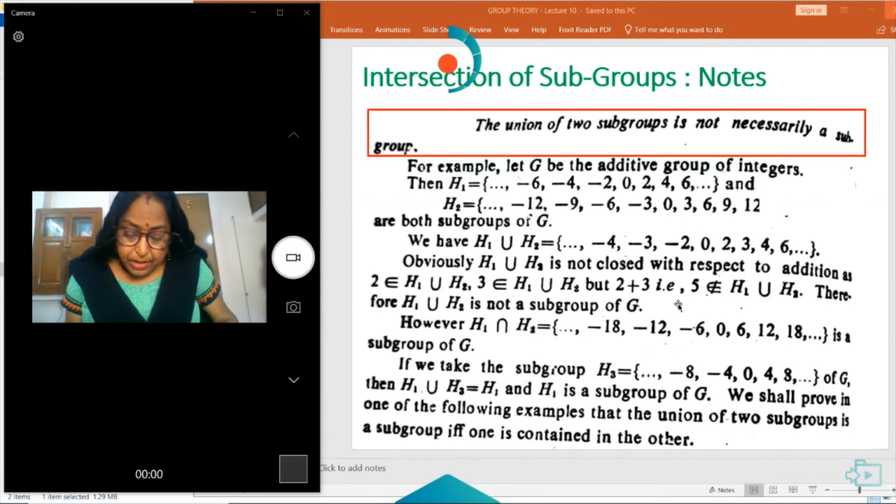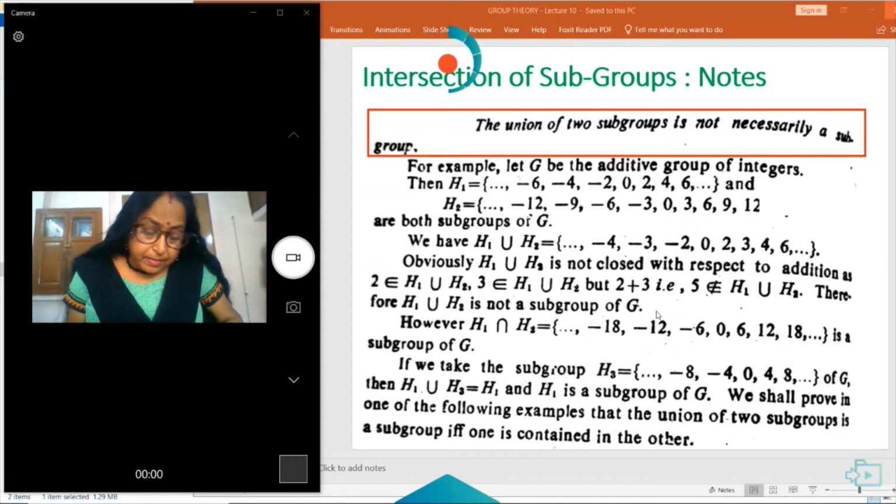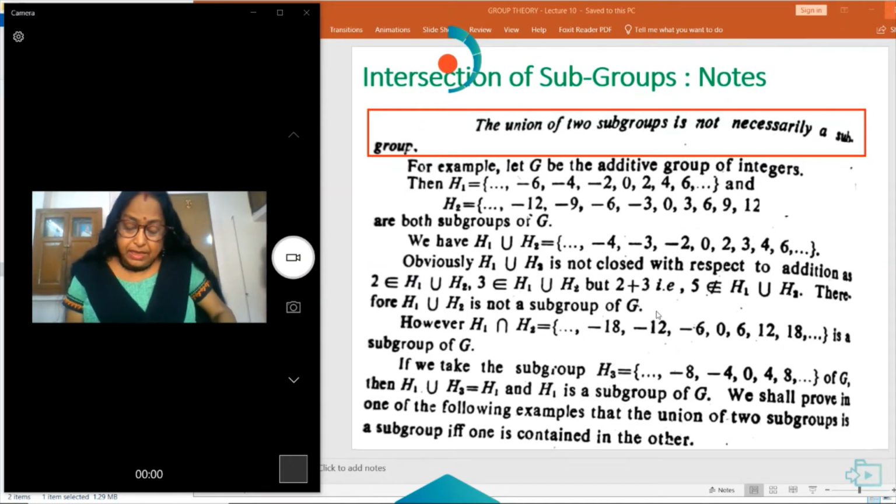Take an example. Let G be the additive group of integers, and as we can see, H1 contains the elements shown and H2 contains the elements shown. They both are individually subgroups of G, the set of integers.